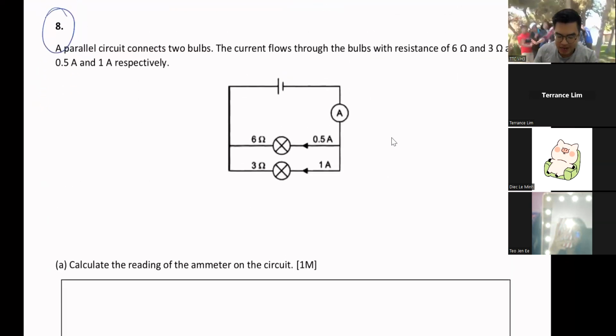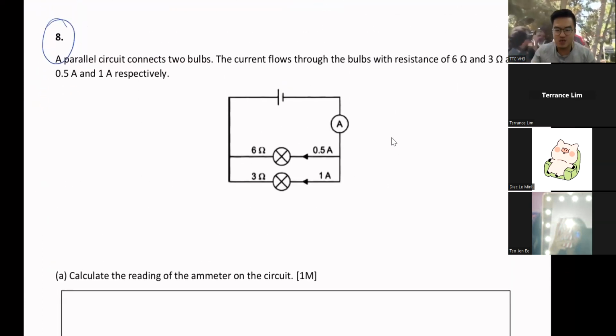If I have the time next week, I will give you some more exercise because it's not enough here. I didn't update my exercise. I'm sorry, but I will give you more exercise to practice on your parallel and series circuit next week. So guys, please go home and do question 8. That's all I need you to do to understand the parallel and series circuit first.